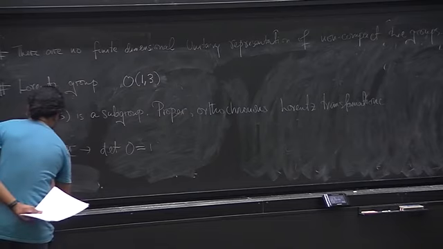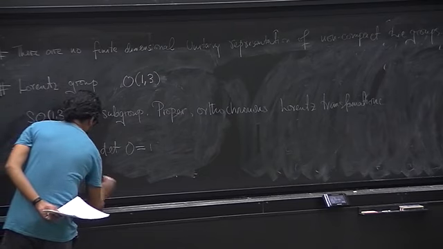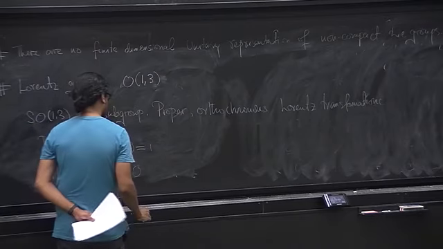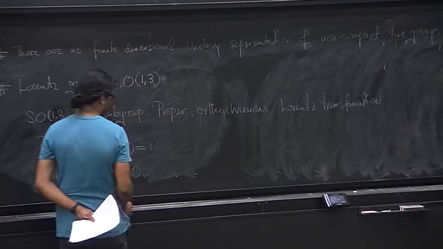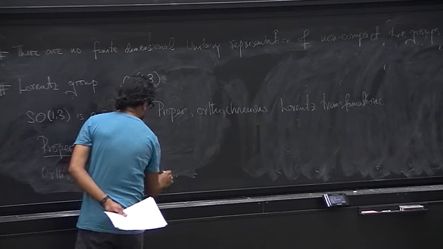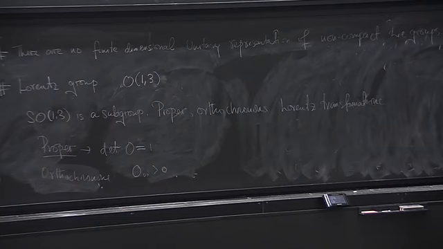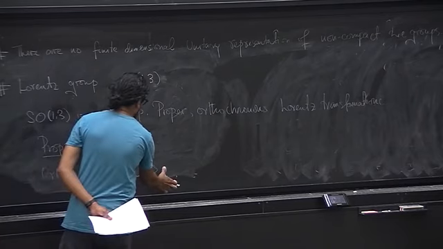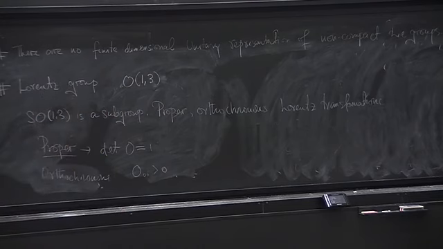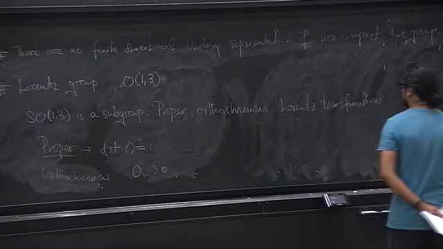But we also impose a condition, it's orthochronous, which means that the 0,0 component of the matrices of the group is positive. No, it's negative. Sorry. Yeah. Or no, it's positive. Sorry. I don't think it's dependent on the metric. So what it means is that it cannot change the direction of time.